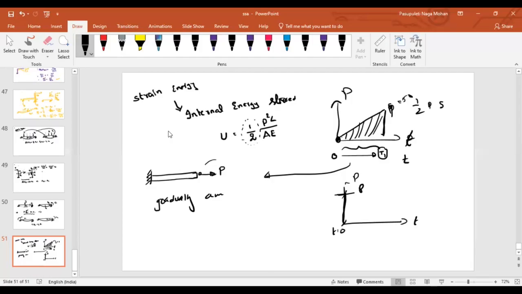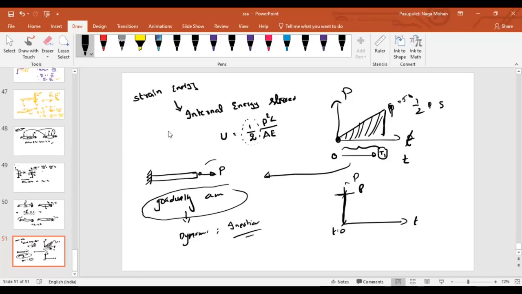So whatever deflection equations and quantities we are finding are all due to gradual loading only. The point of gradual loading is that, if you go into the masses, there will be an effect called the dynamic effect, or the inertia effect.